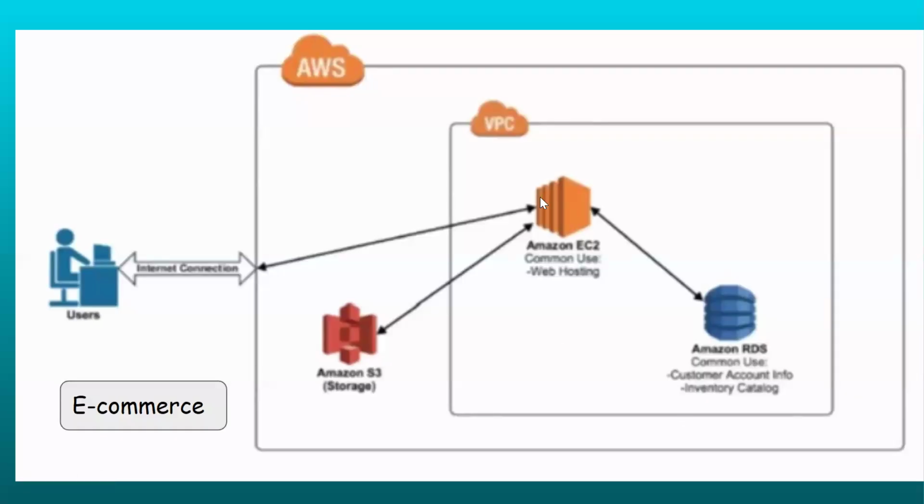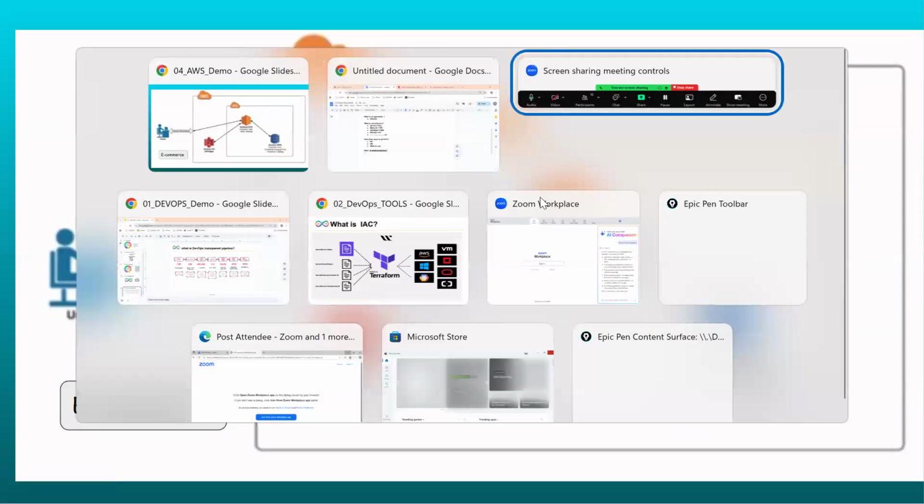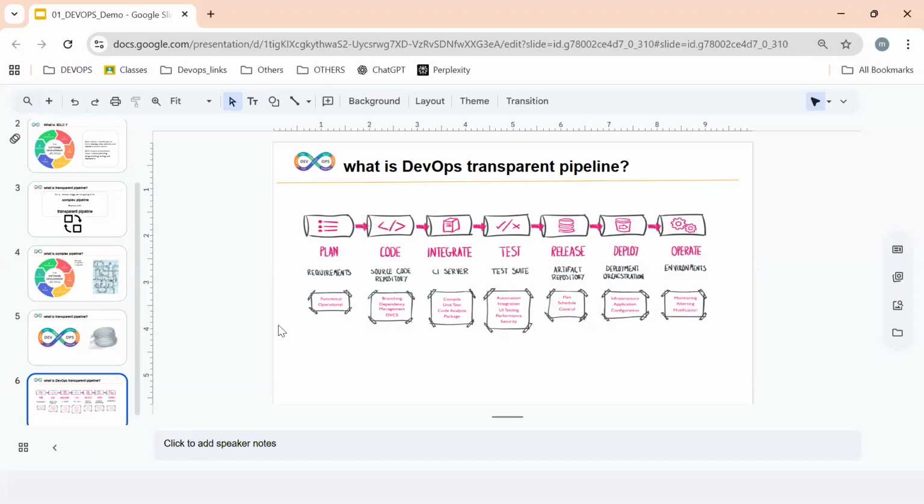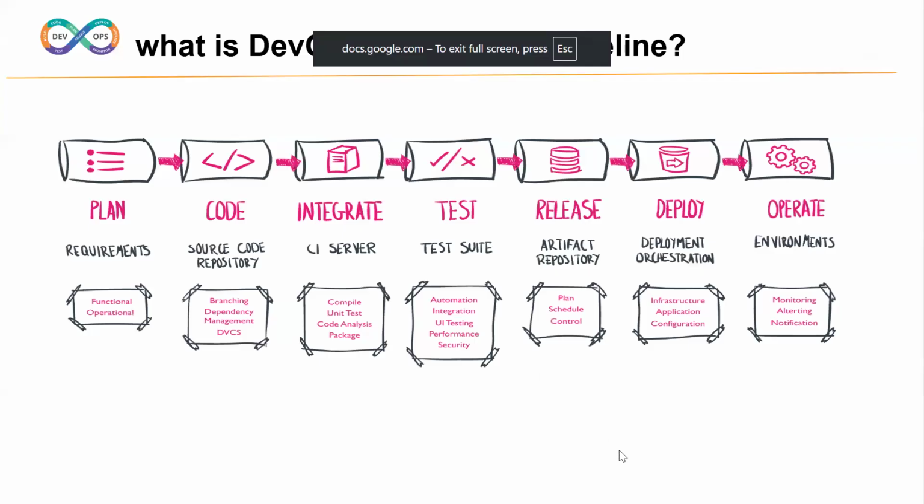But on top of this infrastructure, we are going to be placing our websites. How exactly? By using the DevOps process. DevOps is an automated process.